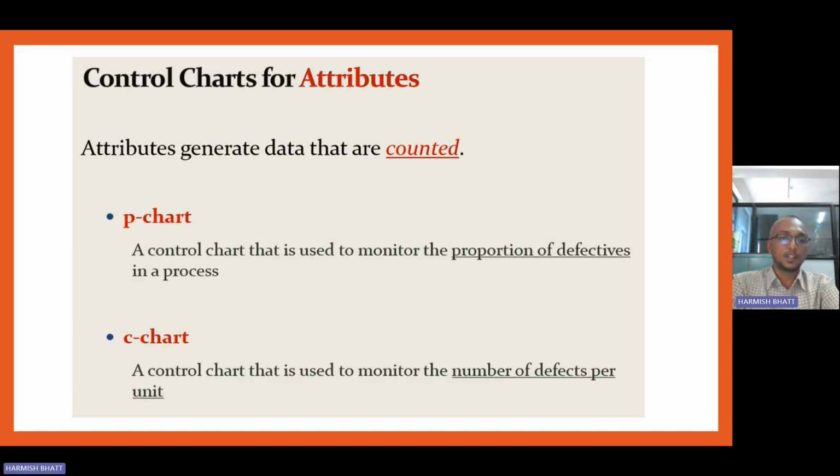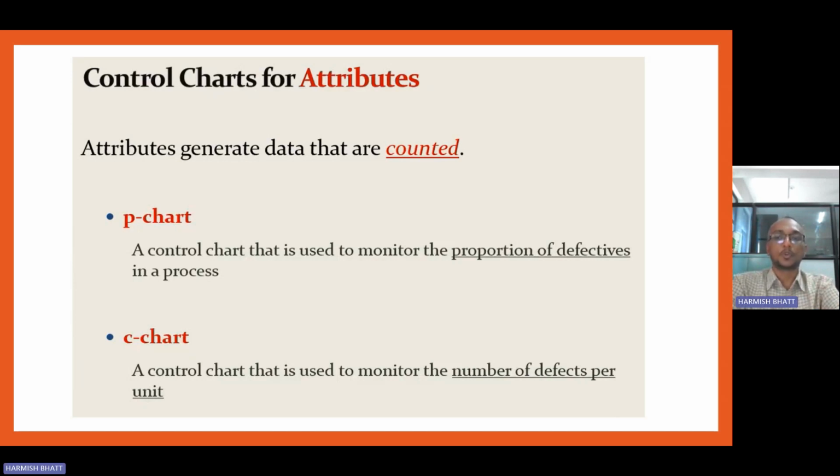The P chart is nothing but a control chart that is used to monitor the proportion of defectives or defects in a process. Proportion of defects means we are going to identify the number of defects in each sample. There will be several items, or a sample size. In each sample, small n number of items will be there, and on all those n items, we will be calculating the number of defects, and it will be converted into a percentage.